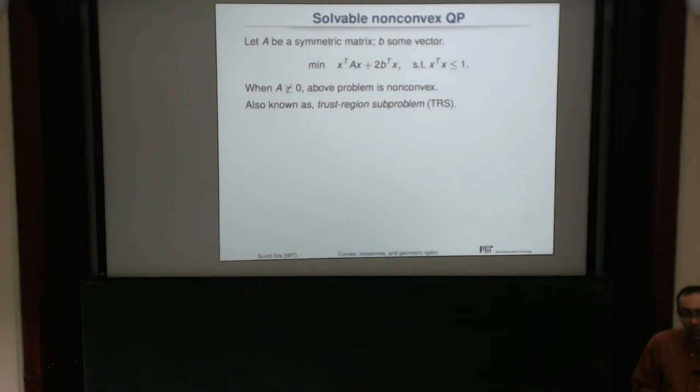It's a subroutine of many solvers, which basically build a quadratic approximation to the nonlinear cost function. Because it's a nonlinear function, the quadratic approximation's Hessian need not be semi-definite. So this type of stuff comes up, and when optimizing this approximation, you end up minimizing this subproblem where this norm ball gives the so-called trust region.